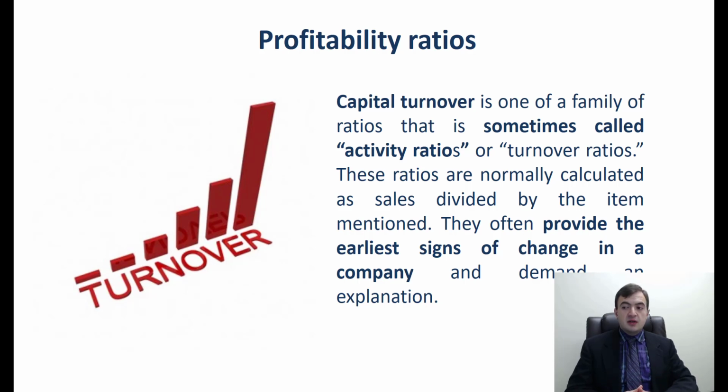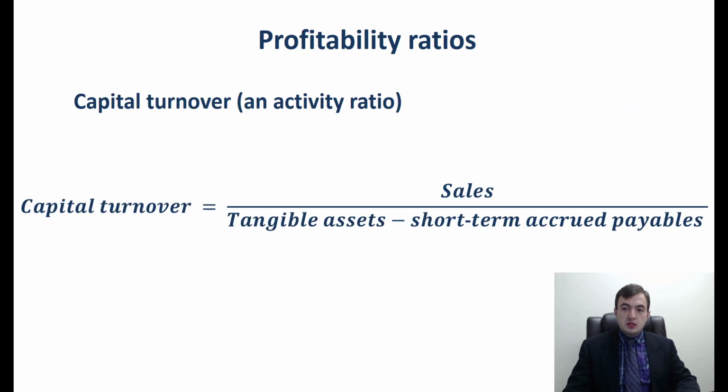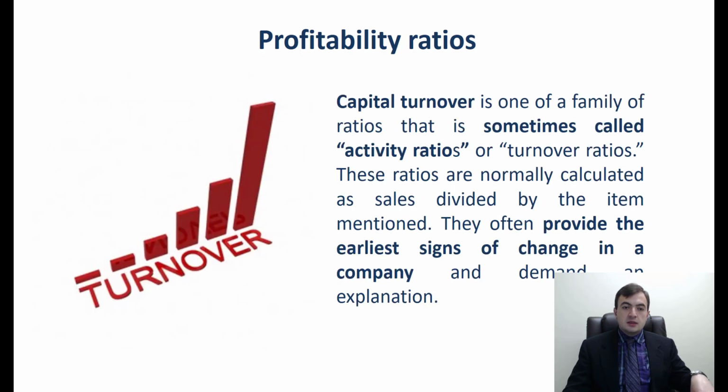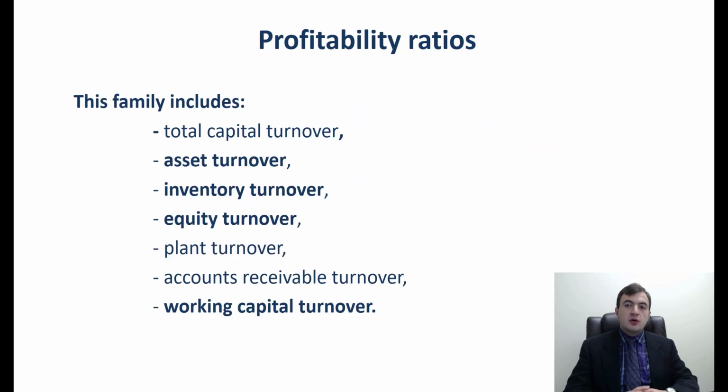There are many variations of this ratio, but for the project we will use the formula that we have right here, sales divided by tangible assets. The category of this family also includes the asset turnover, the inventory turnover, the equity turnover, working capital turnover, and so on.